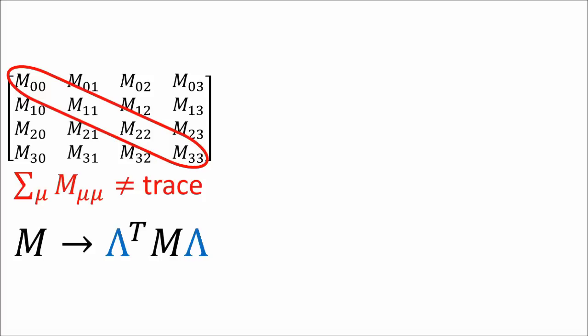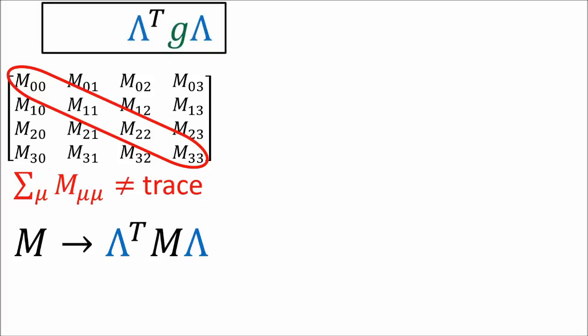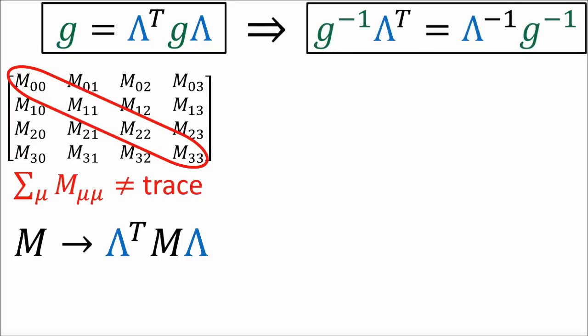We're taking the metric G to be a covariant rank 2 tensor, so it Lorentz transforms like this. We're also assuming it's invariant under Lorentz transformations, so G equals the Lorentz transformed version of G. And that leads to this property.